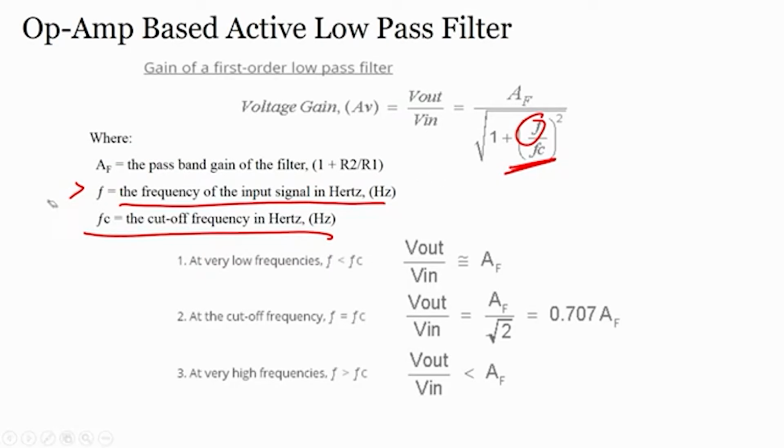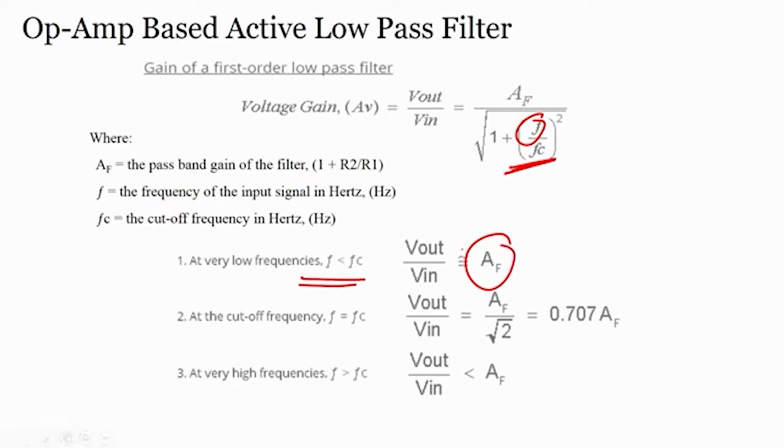Now, what will happen when a very low frequency is there? When a very low frequency is there, F is less than Fc. That gives us V out by V in equals AF. How? See, F is extremely low compared to Fc, so this component becomes 0, right.